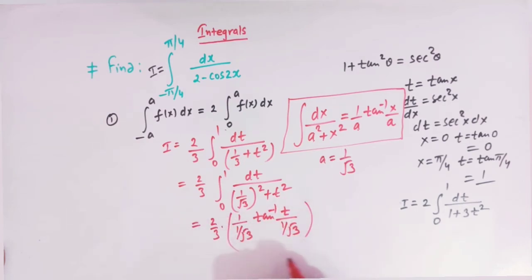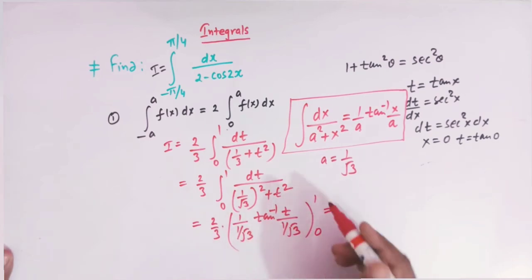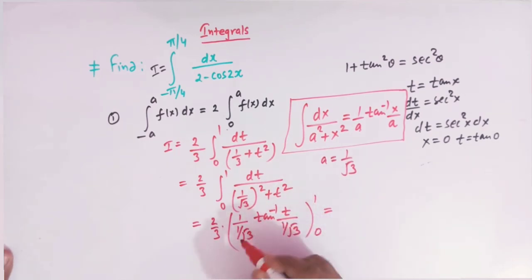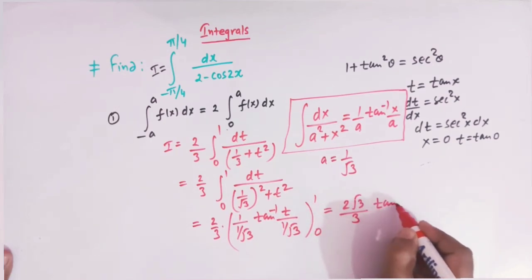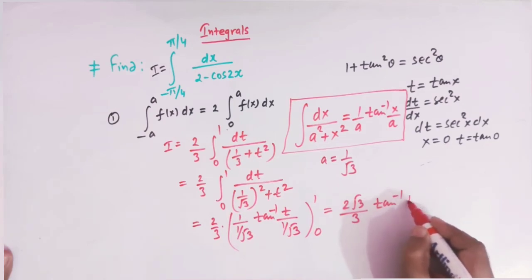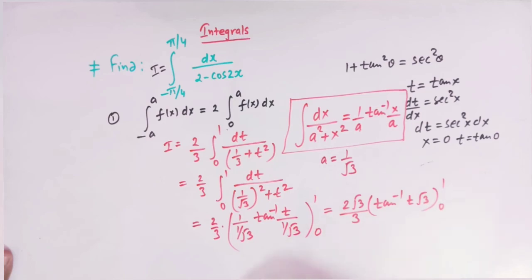And the limits of integration are from 0 to 1. So now we can simplify this expression by substituting the limits and taking the difference. So we have 2 times root 3 over 3, and here we have tan inverse t times root 3, right? And the limits are from 0 to 1.